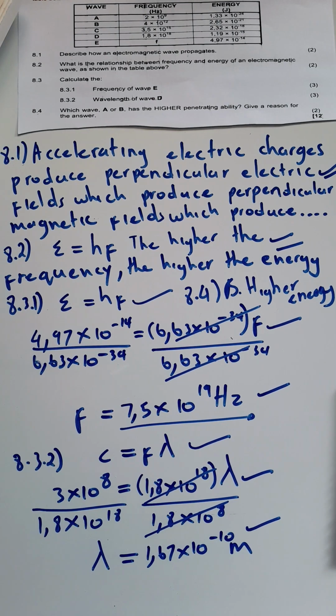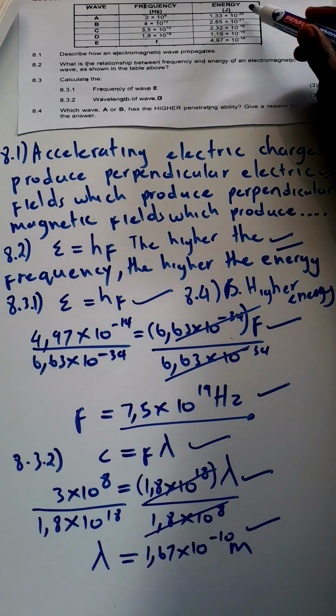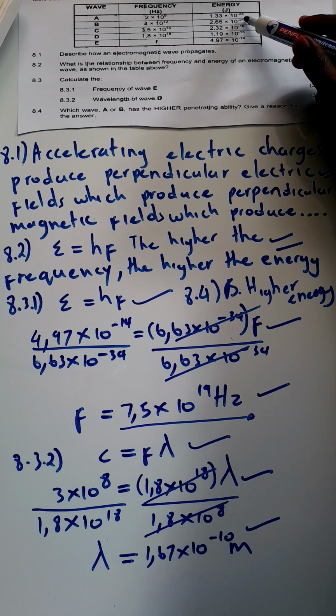Now, sometimes it can be confusing when you look at the numbers in scientific notation for energy. One might think that just because this is to the power of 21 and this is to the power of 24, that one is higher. But look at the sign of the exponent.